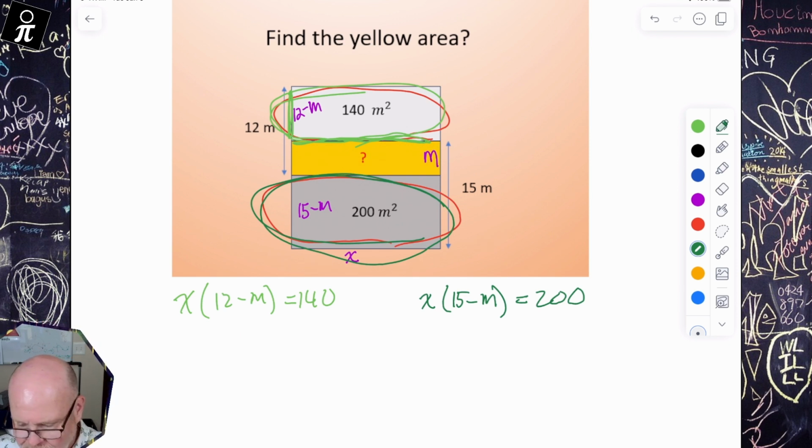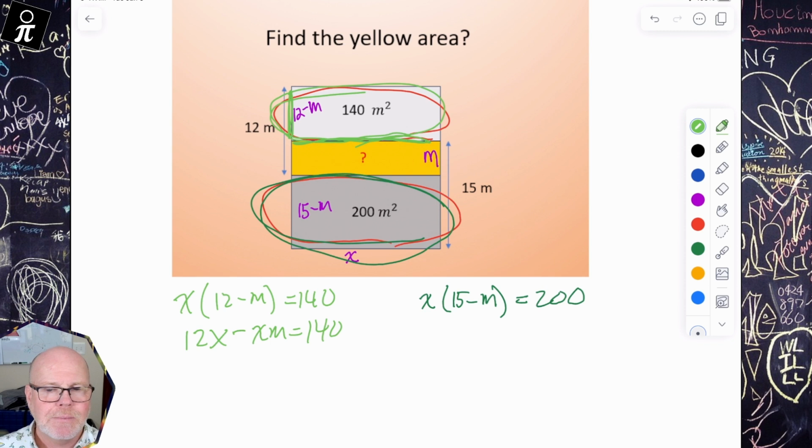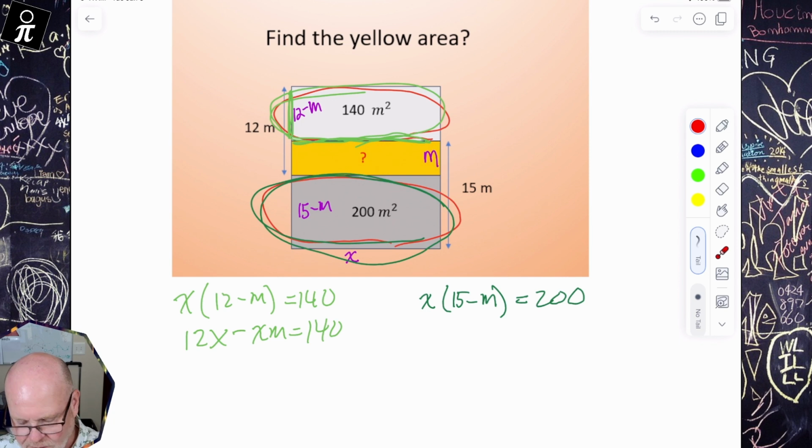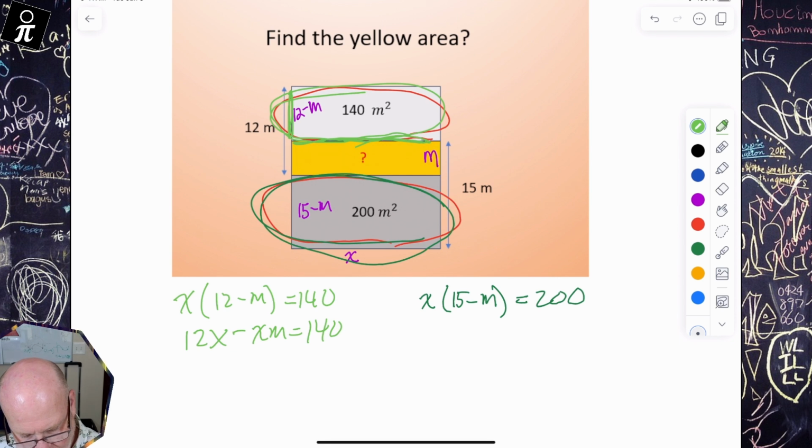So let's do the distributive property in both cases. On the left, this becomes 12x minus xm is equal to 140. Now I'm starting to see already that if I move stuff around on this left side, I end up with 12x minus 140 is equal to xm.